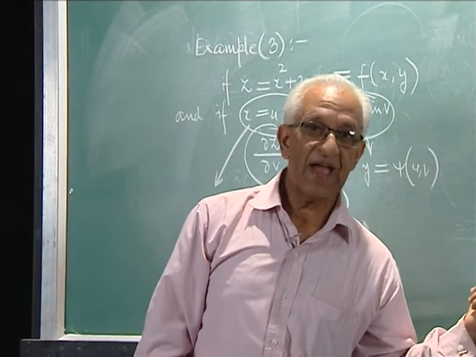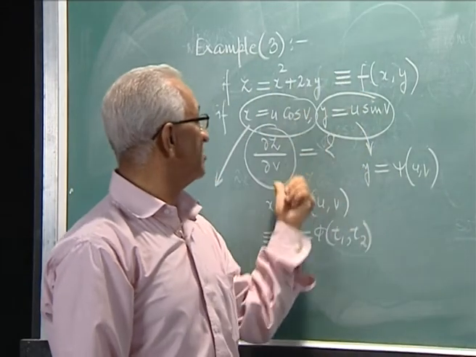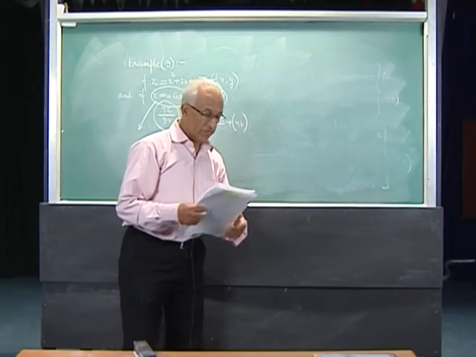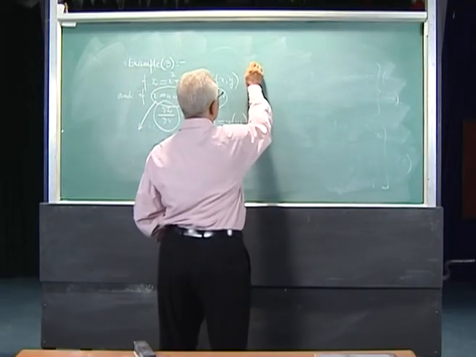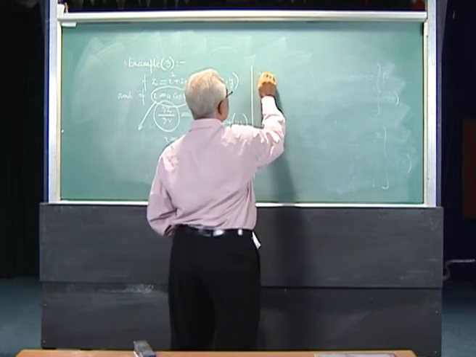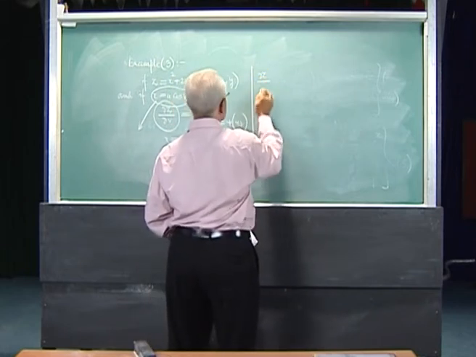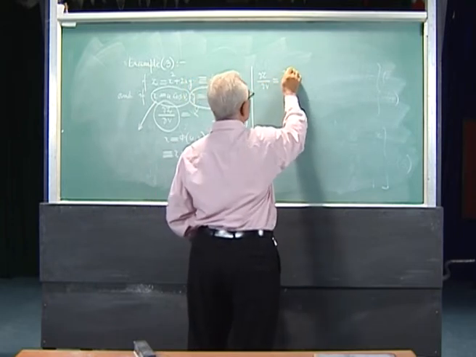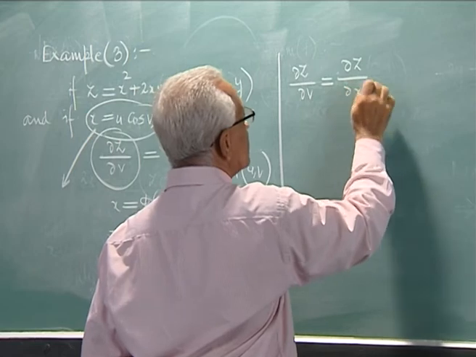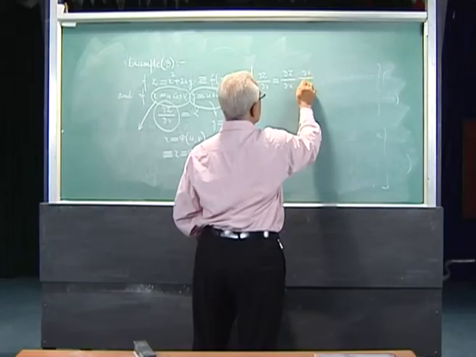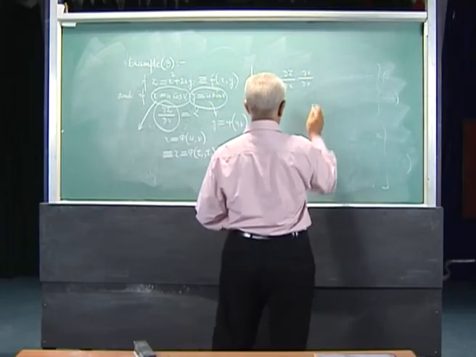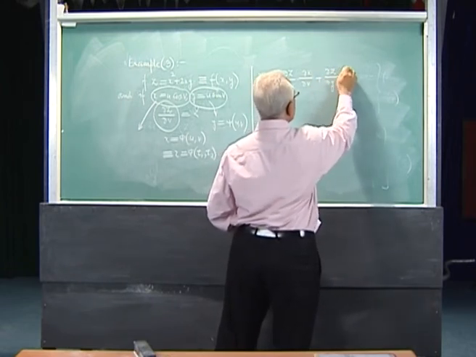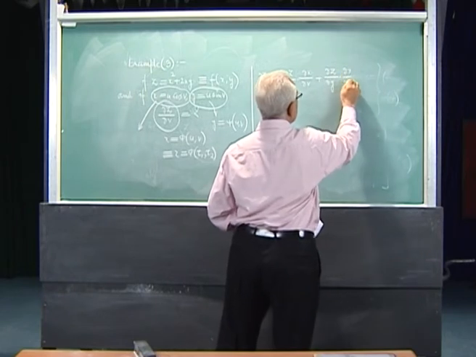And so here the question is also asked in a similar fashion, and we understand that the chain rule is to be applied. So we write here, finding partial dz dv is equal to partial dz dx into dx dv plus partial dz dy into dy dv.